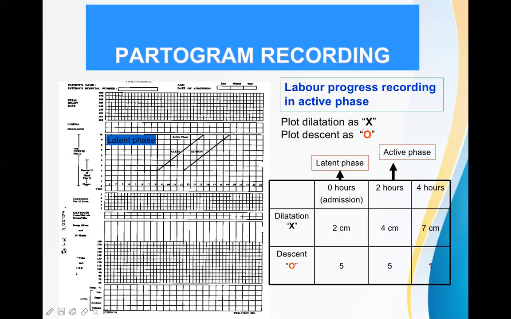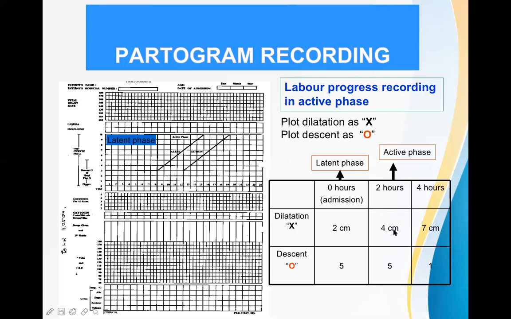Now, all of you, before we go for another break, let's focus here. Labor progress recording in active phase now. So we all know this symbol, okay? Dilation and descent. This is the latent phase and this is the active phase. At the time of admission, the dilation was 2 centimeter.